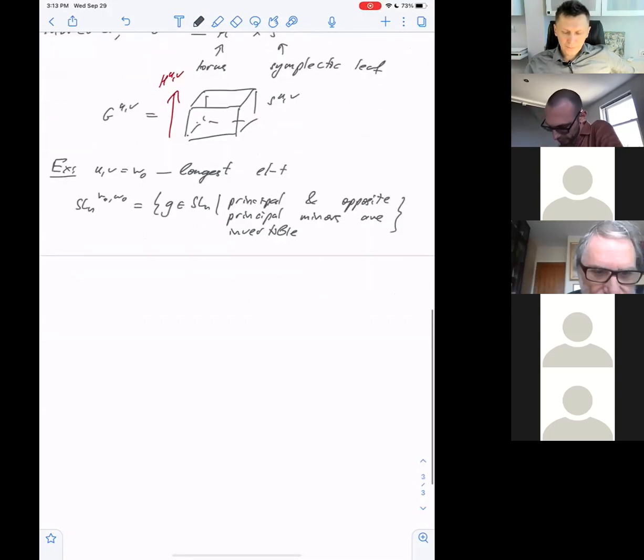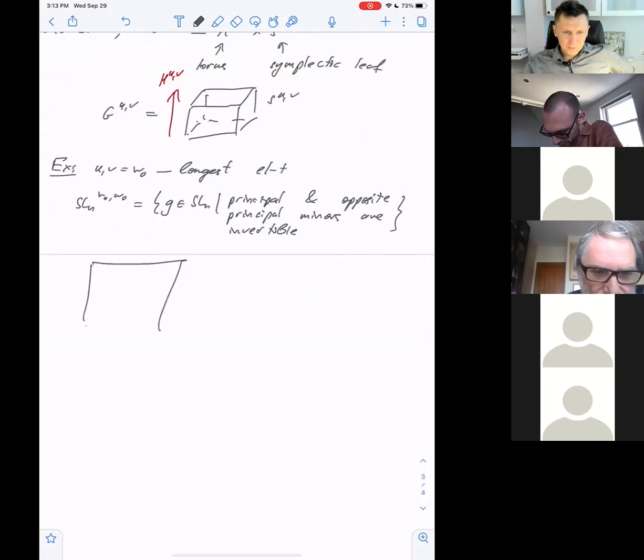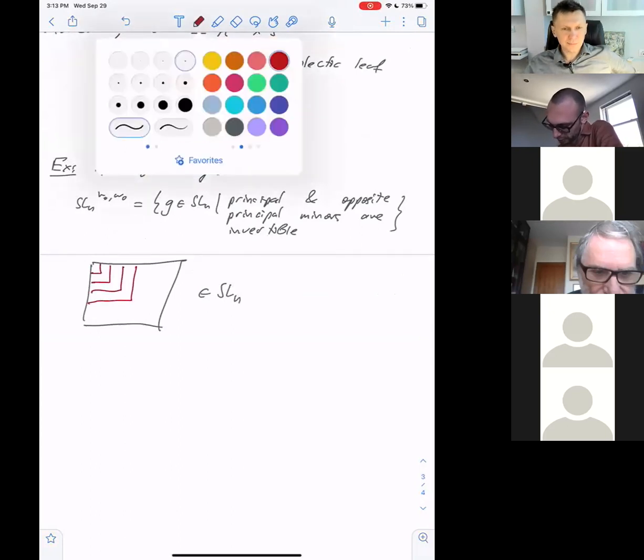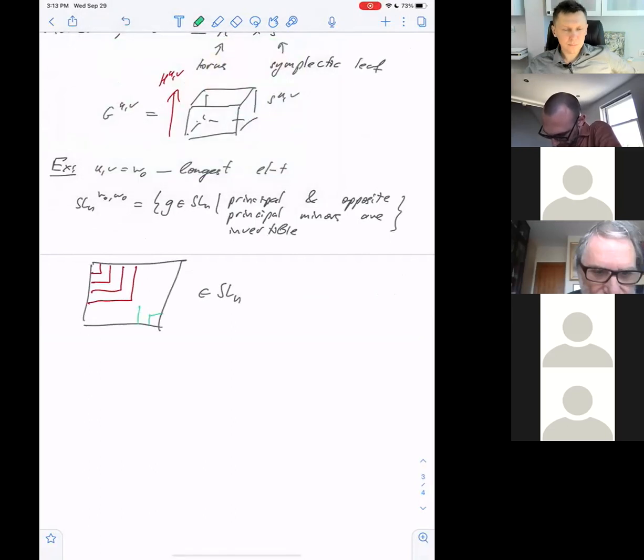And that just means that, if I have a matrix, this is my element in SL_n, I ask that these guys are invertible: this element, and then this minor, and then this minor, and so on. And on the other hand, I ask that this minor, and this minor, and this minor, and so on are invertible. Thank you. Good. Perfect.